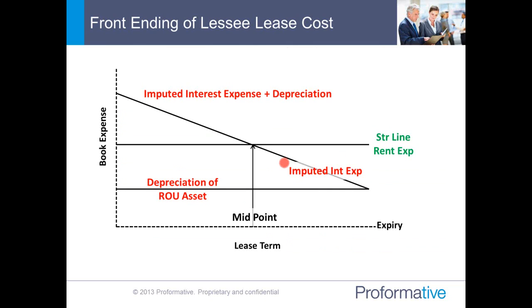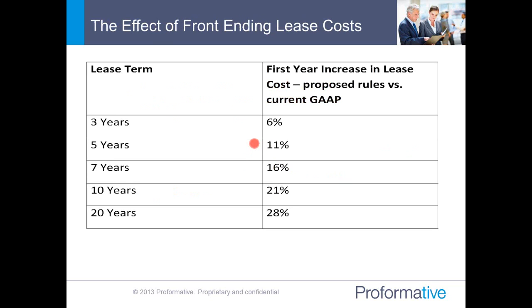And here's a graphic depiction of what I'm talking about, where the straight line rent expense under current GAAP in I&A leases is replaced by this declining line, which turns around at the midpoint. And if we move to the next slide, you could see what the impact is by lease term.